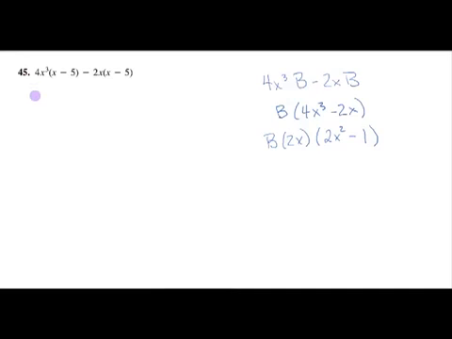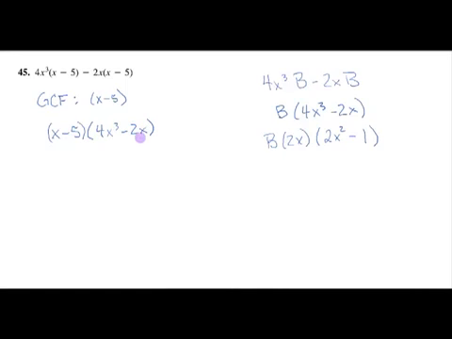So let's apply this over here. I have a greatest common factor of x minus 5. So I'm going to take out an x minus 5, and I'm going to be left with, let's put that in parentheses, a 4x cubed minus 2x.